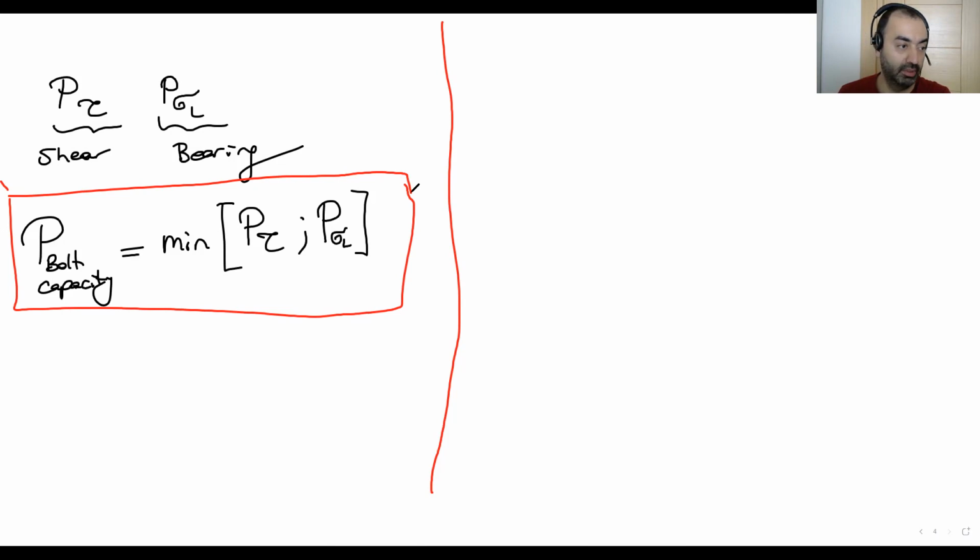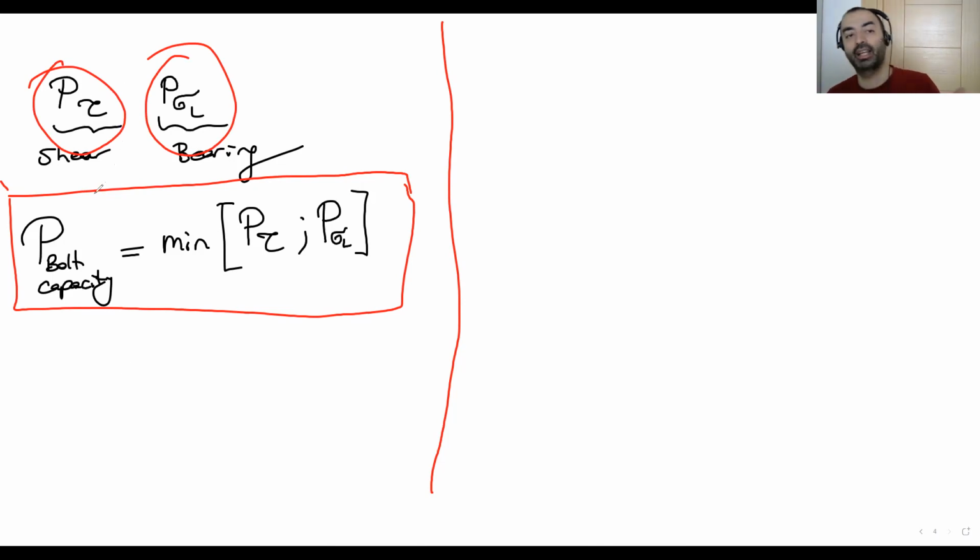In the exam, what I see is generally you calculate these two capacities, that's okay. But if you select the wrong one, the result is completely wrong. Generally, you select the maximum one. If you select the maximum of the shear and bearing capacities, you are going to get fewer bolts.